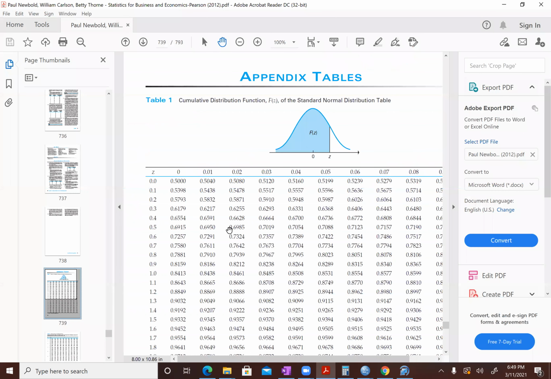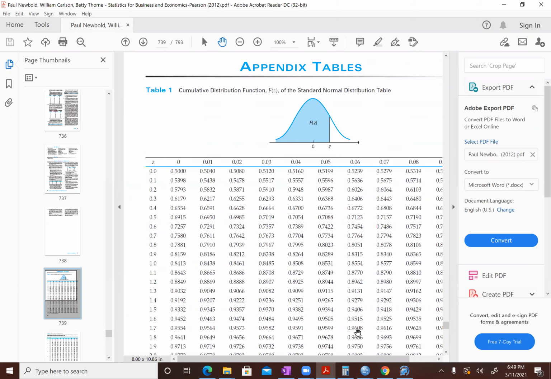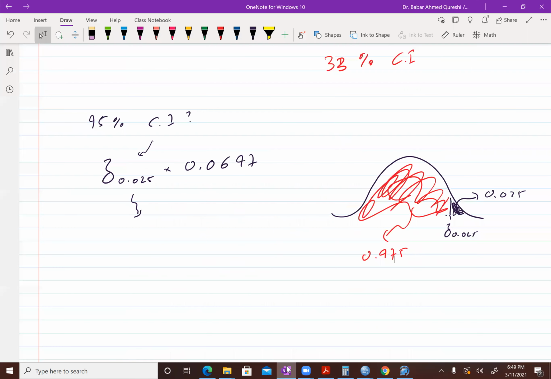So I just go and start hunting for 0.975 in this table. Here it is, and this corresponds to 1.96. So this is 1.96 times 0.0697, and that gives me a number 0.13.